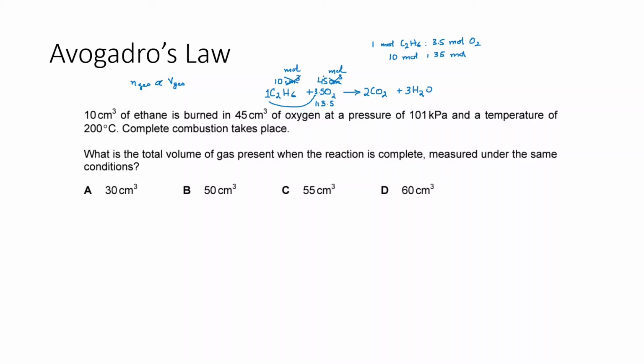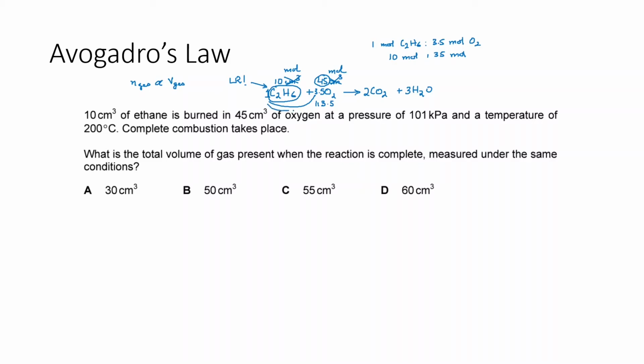But we have 45 moles, which is more moles than the 35 that we require. So our ethane, C2H6, is the limiting reactant. This will be entirely used up. So 10 moles of ethane react with 35 moles of O2, and so we're going to use ratios with ethane to the products.